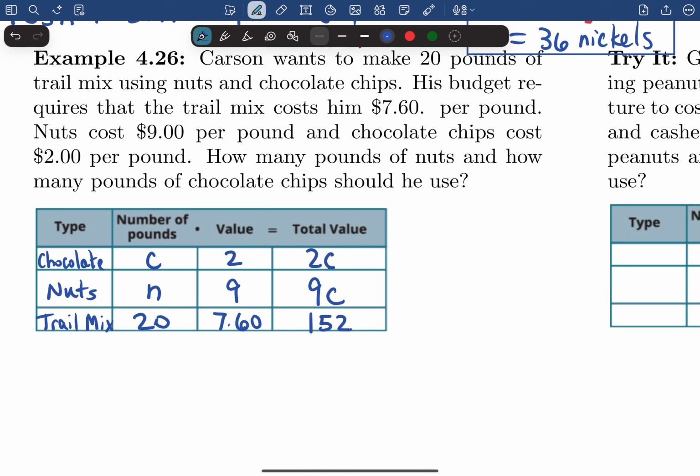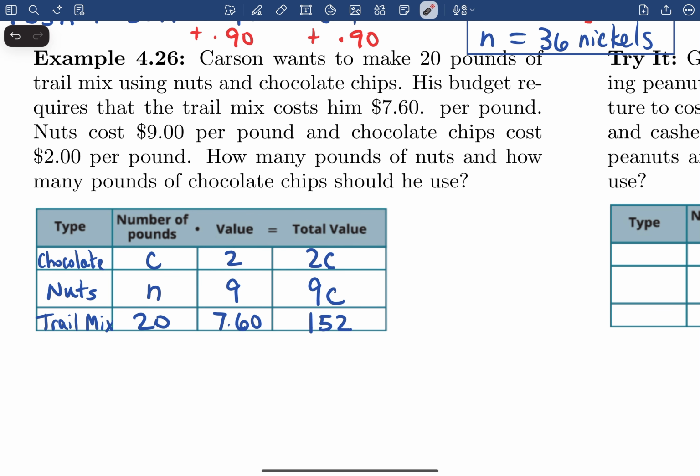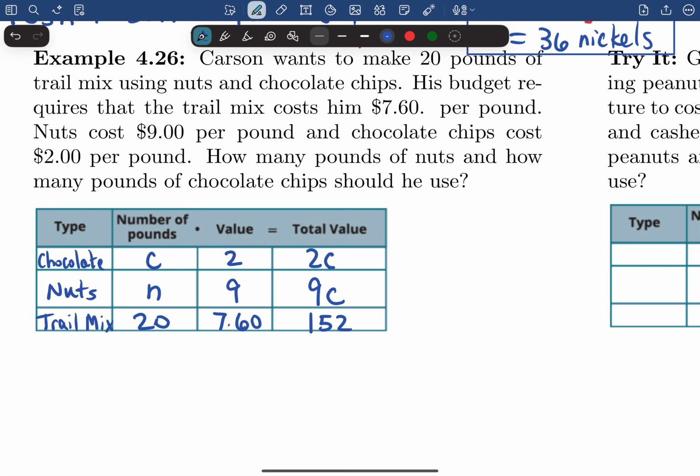All right, so I have now filled out my table, organizing information, and putting names of variables of things that I don't know. And I now take this column and I create an equation with it. And then I could take this column and I can create an equation with it, like this.